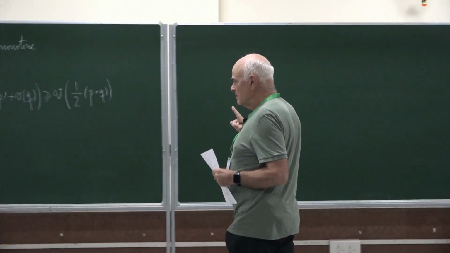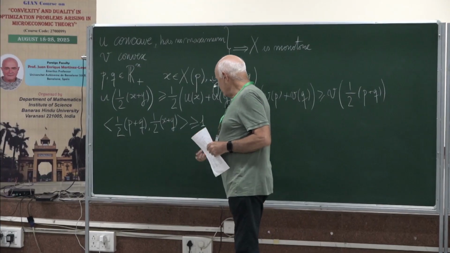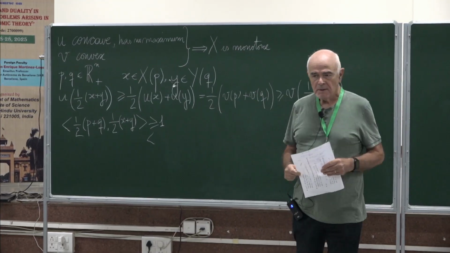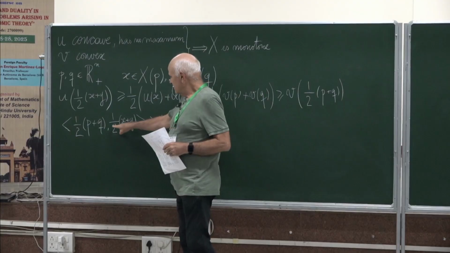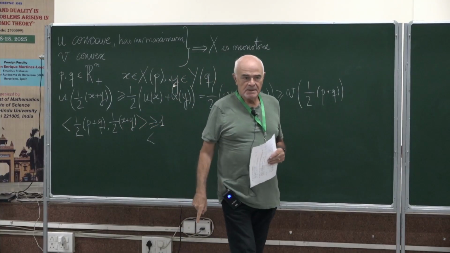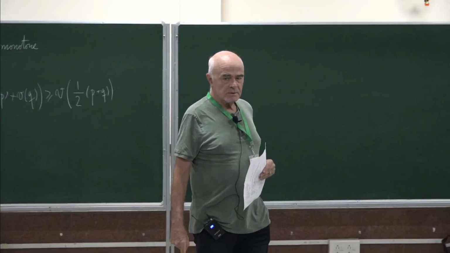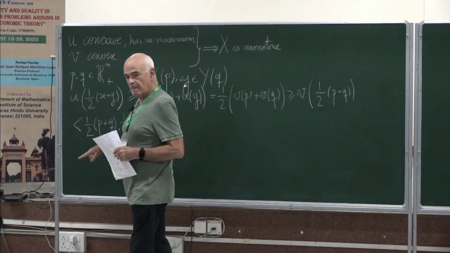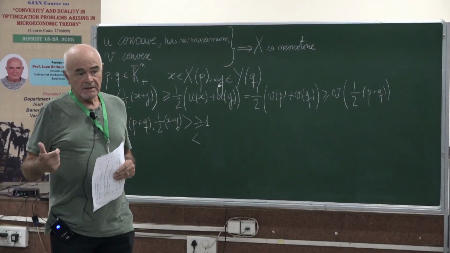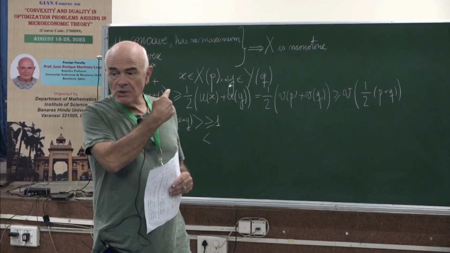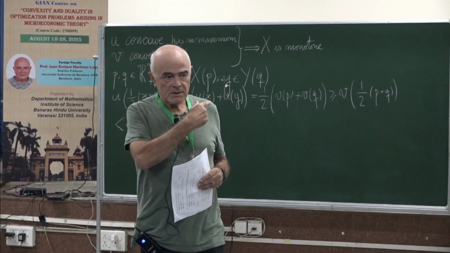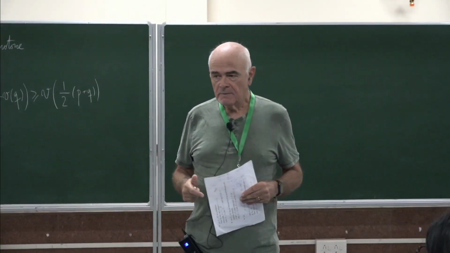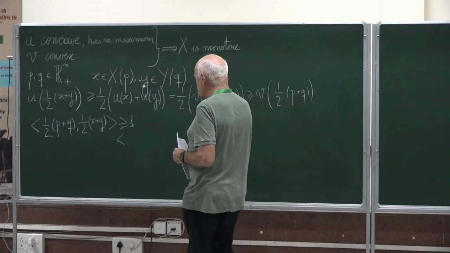Assume for a moment that we have this strict inequality. This means that 1/2 (X plus Y) satisfies the budget constraint corresponding to the price vector 1/2 (P plus Q). But it cannot be optimal because there is no local maximum, as we reasoned yesterday in a similar situation. Okay? So this is impossible.